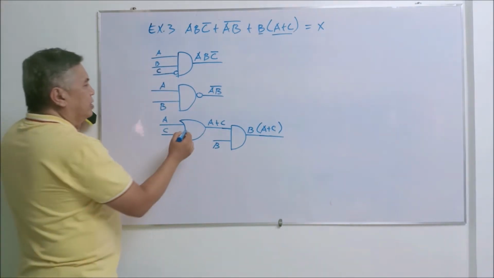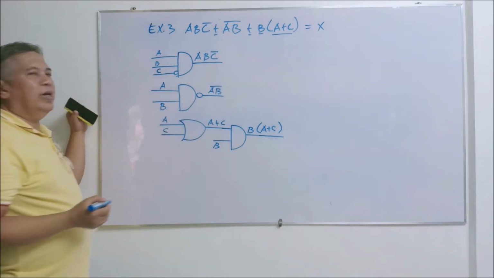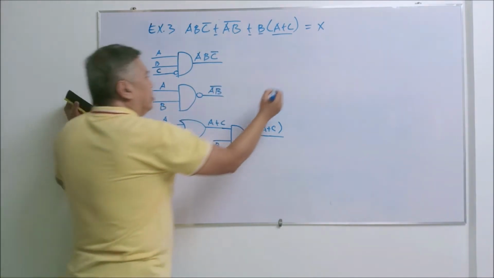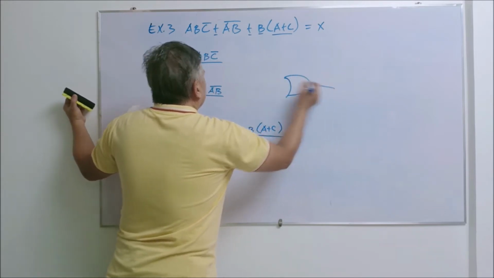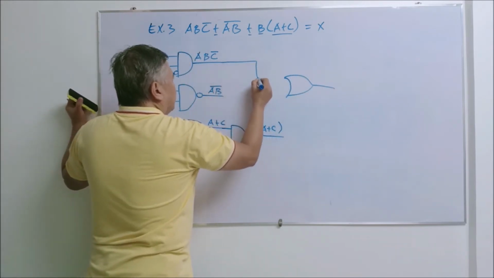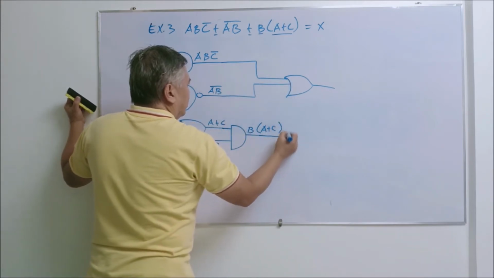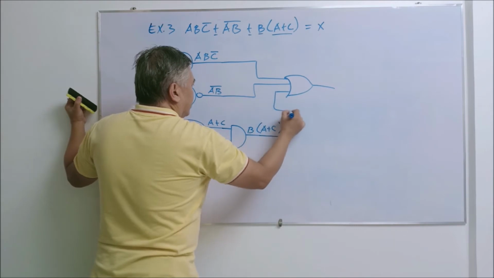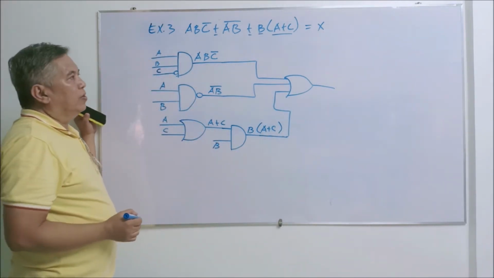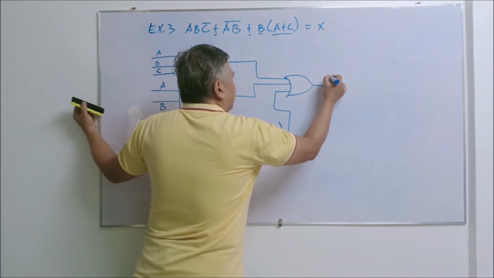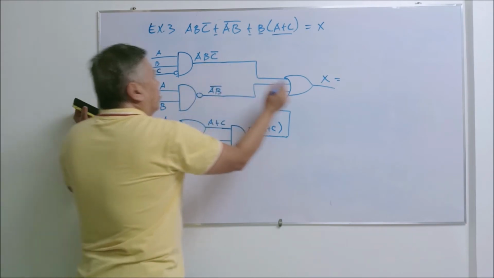And all of these gates are being ORed together by an OR gate. So you draw an OR gate. This one here is one of your inputs. This one here is another input. And this one here is another input for your OR gate. So this will now become your X. X will now be equal to A, B, C complement.